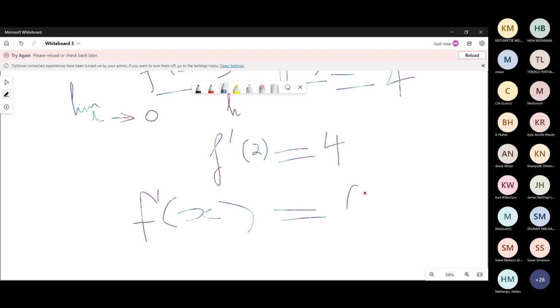Then f prime of 2 will simply be equal to 4. 2 times 2 is 4.